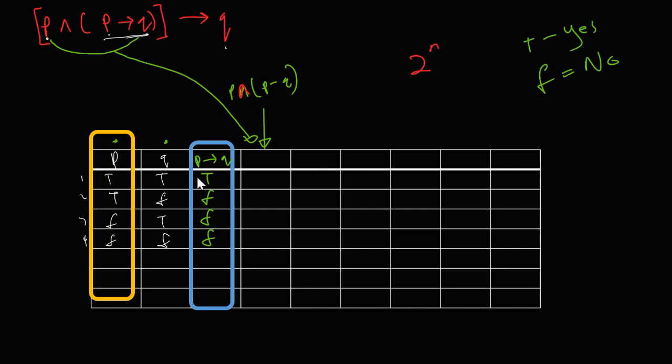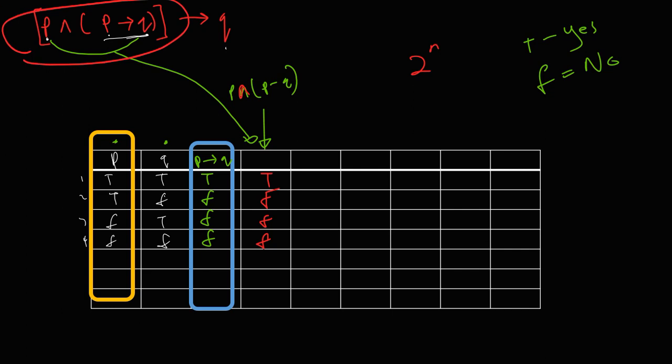So if this and this are both true, then true. Are these both true? No, one of them is false. So this will be false, this is going to be false, this is going to be false. It's going to be true, false, false, false.